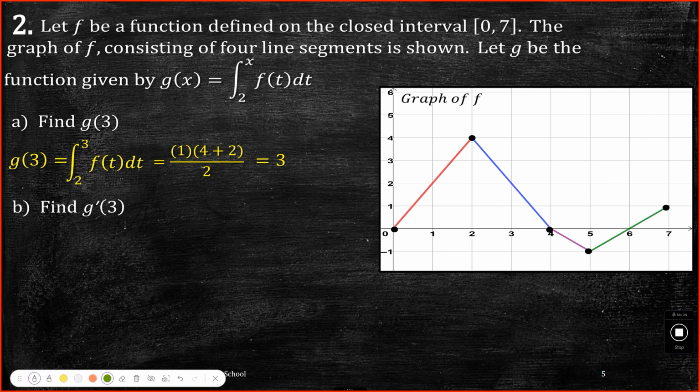Basically we said that if we take the derivative of this, G prime of x will equal f of x, because this is the velocity and we have the velocity graph of that position.